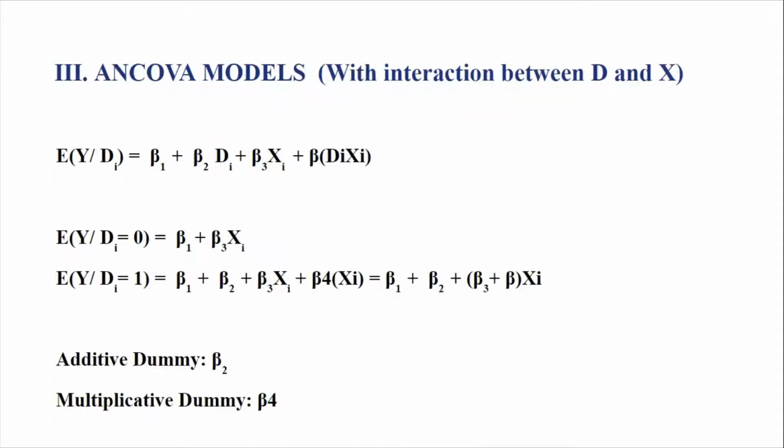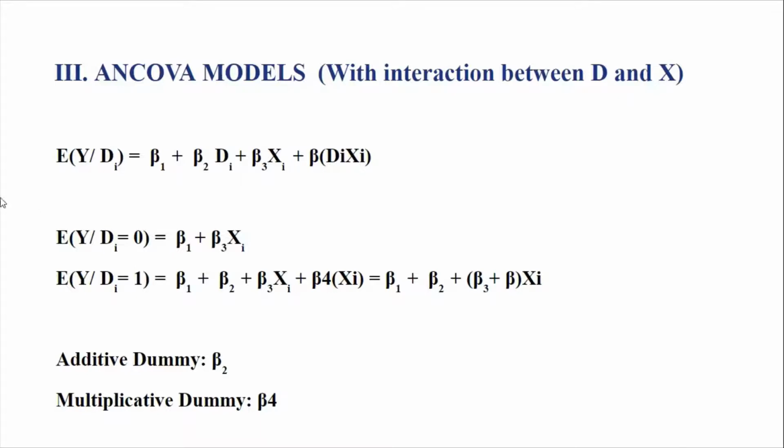Okay, now the third case under this category is ANCOVA models. So the first case was there is only one dummy variable. Second was there is a dummy variable and a quantitative variable but without any interaction. The third case is there is a dummy variable with two categories and a quantitative variable, but there is an interaction between the dummy variable and the quantitative variable.